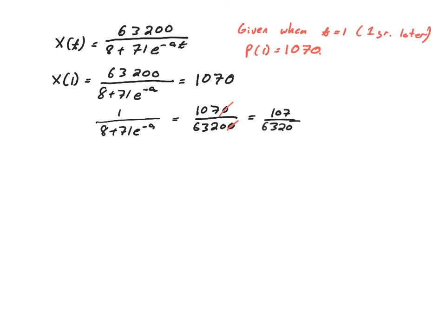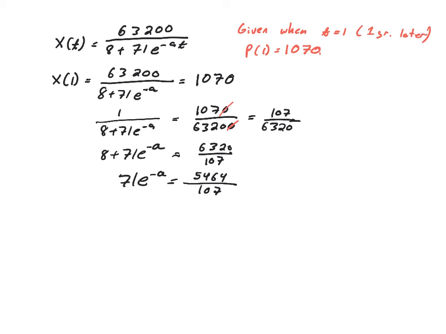Okay, now if I take the reciprocal of both sides, then I'm going to have 8 plus 71e to the negative a is going to be equal to 6,320 over 107. So then that's going to leave me with 71e to the negative a is just going to be equal to 5,464 divided by 107.